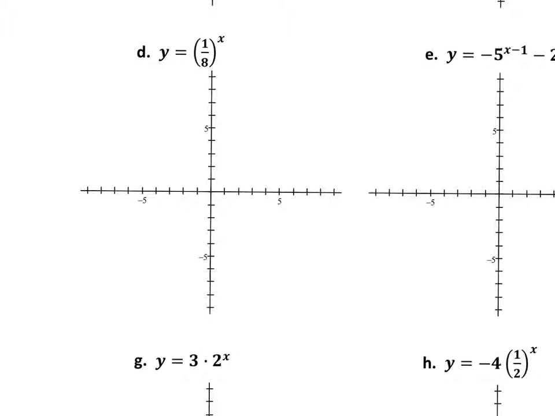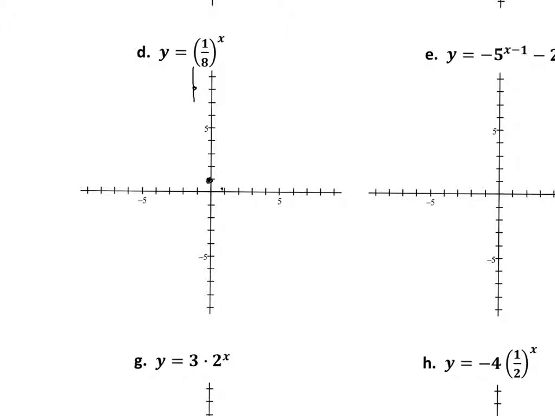So I'm at -1 and 8. Oops, that's 8. We can't do 0. So 0 and 1, and 1 and 1/8.